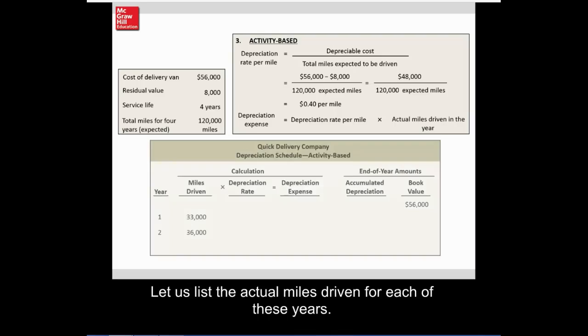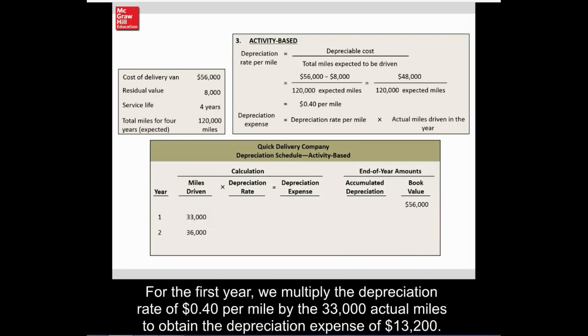Let us list the actual miles driven for each of these years. For the first year, we multiplied the depreciation rate of 40 cents per mile by the 33,000 actual miles to obtain the depreciation expense of $13,200.